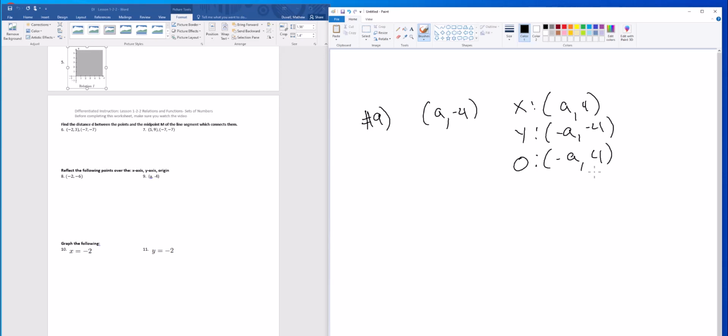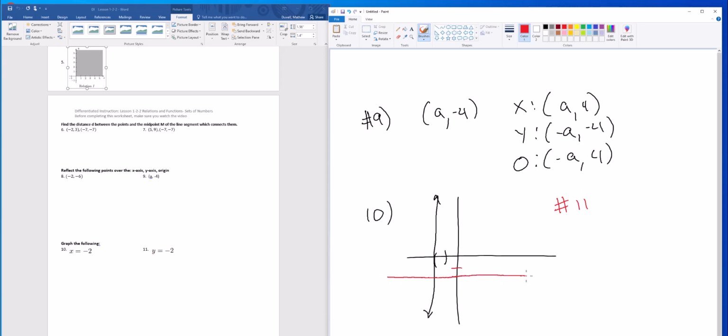And then graph the following. For number 10, x is -2, meaning you want to cross through -2. And number 11, I'm going to do in red. It says y equals -2. So that's going to be a horizontal line at -2.